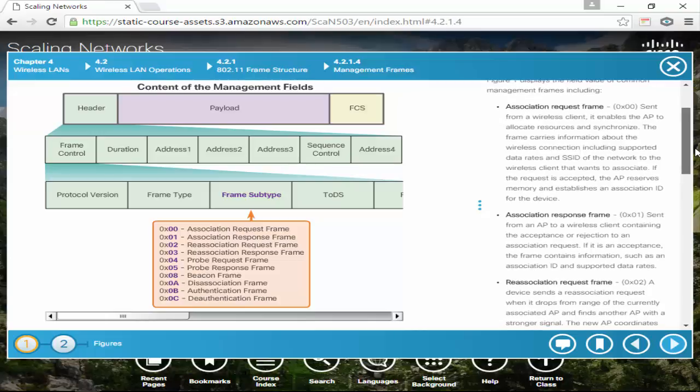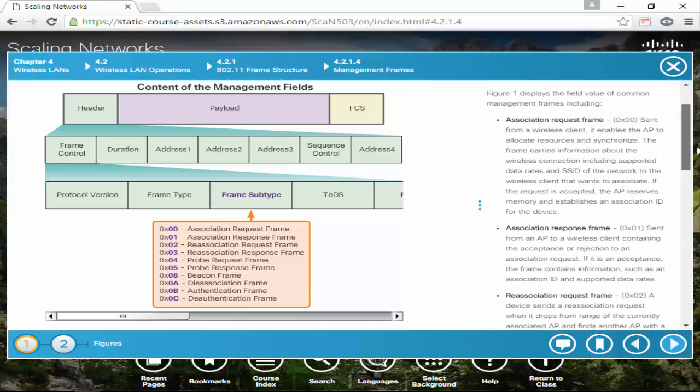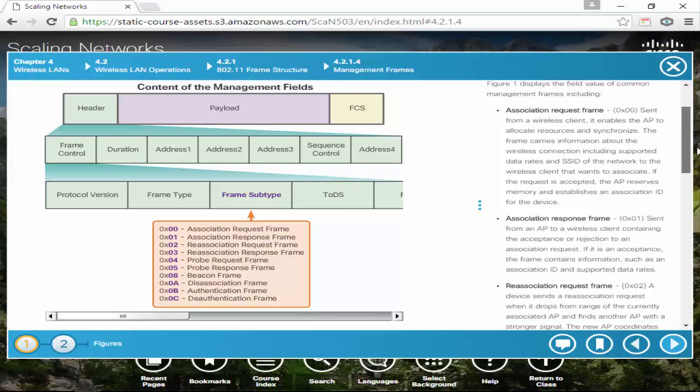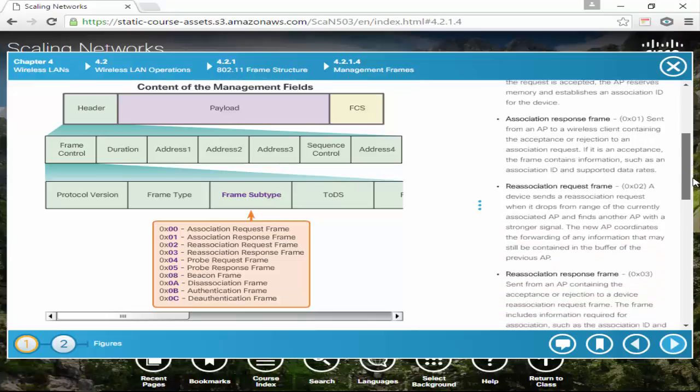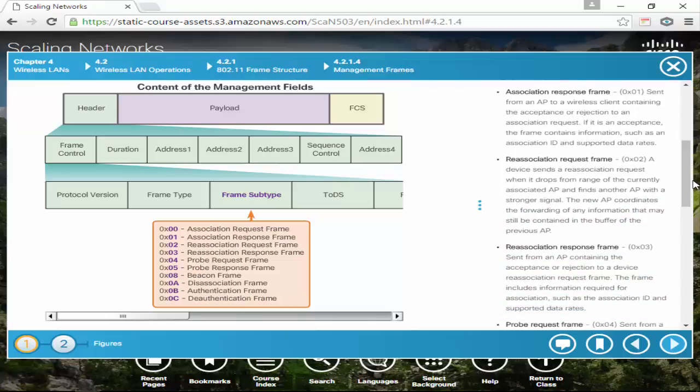If the request is accepted, the AP reserves memory and establishes an association ID for the device. Association response frame, sent from the AP to a wireless client, containing the acceptance or rejection of an association request. If it is an acceptance, the frame contains information such as an association ID and supported data rates.